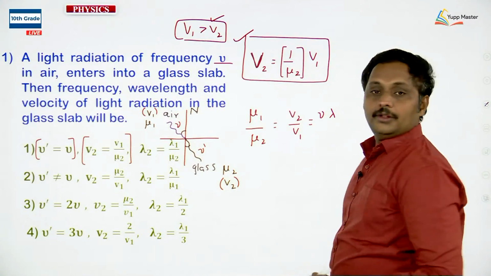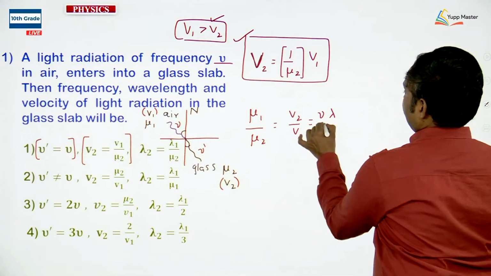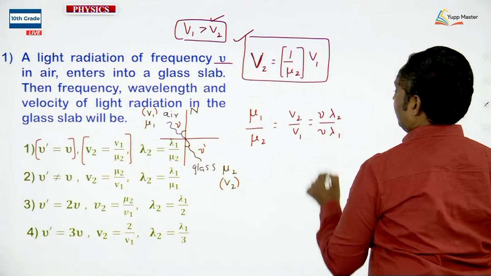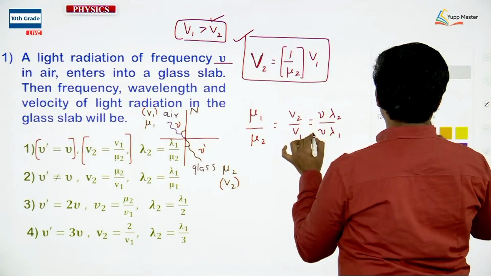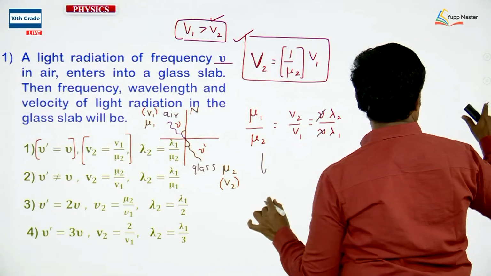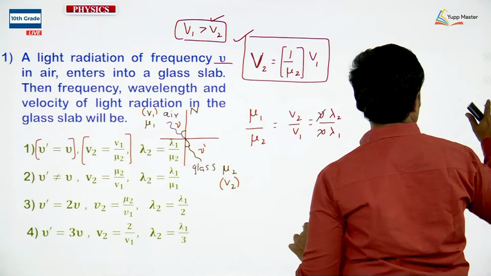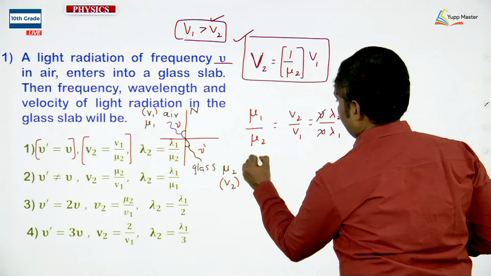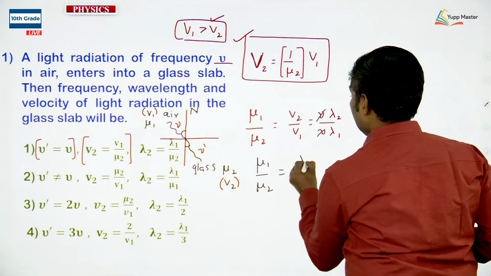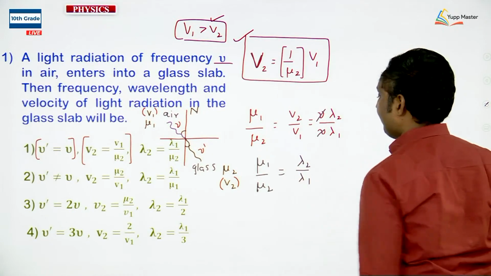Yes, these are all equal. Now you can take nu lambda 2, nu lambda 1, you can cancel. It's very clear. Therefore, mu1 by mu2 is equal to lambda 2 by lambda 1.